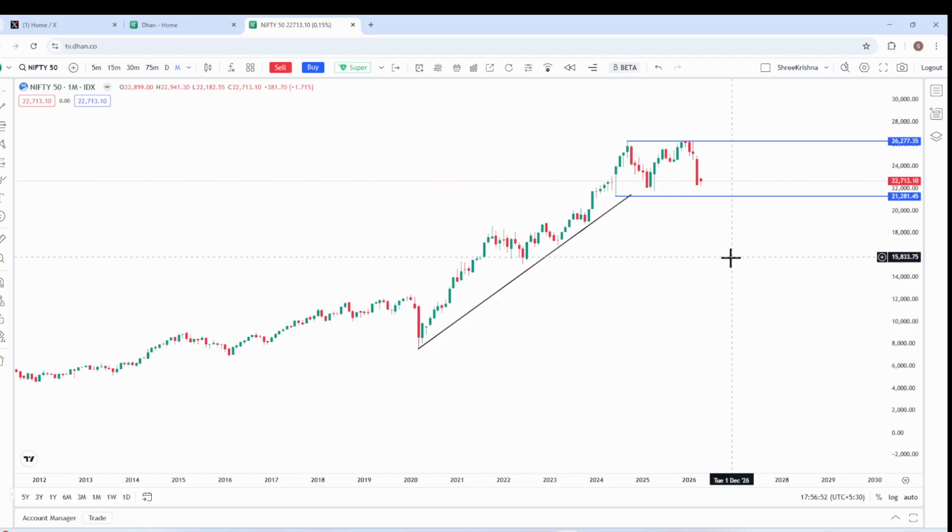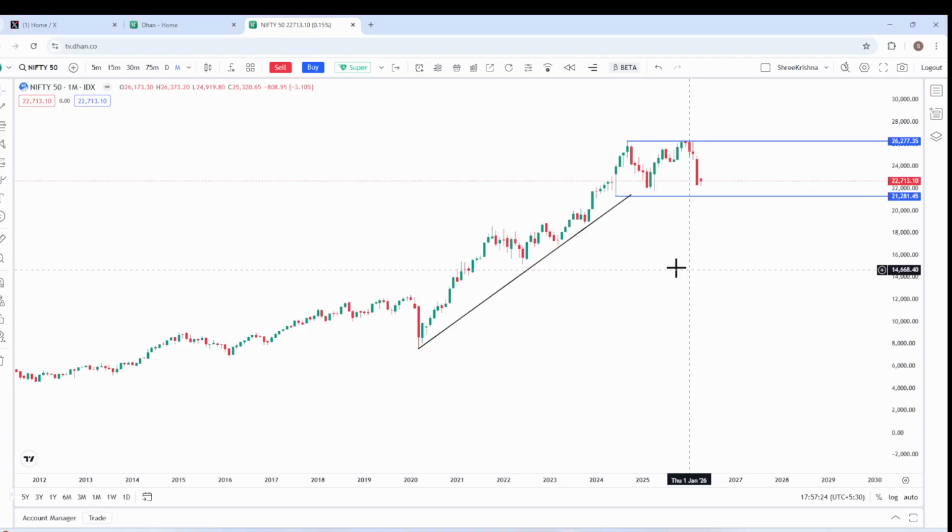What we notice is that if the price has to make a continuation, it has to close above 26,277.35. Price has penetrated it but never closed, not even on daily. So indicating that the price has made an impulse, correction, impulse, A B C correction, then it is making a last drop to 21,281.